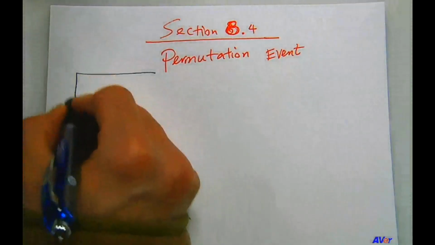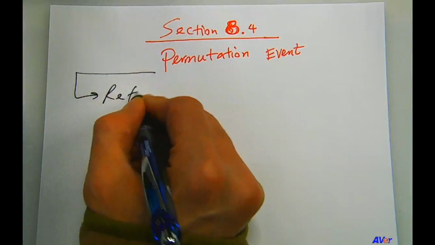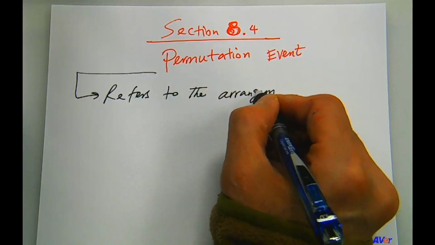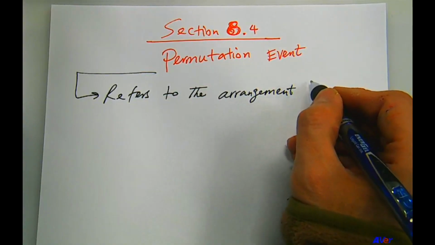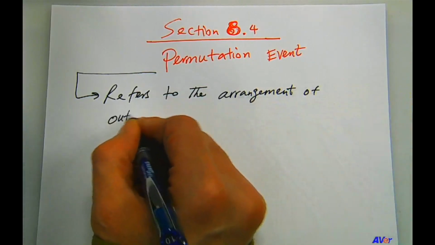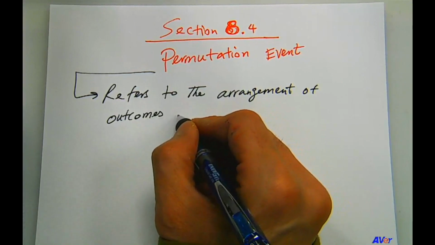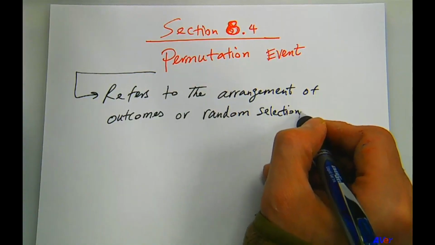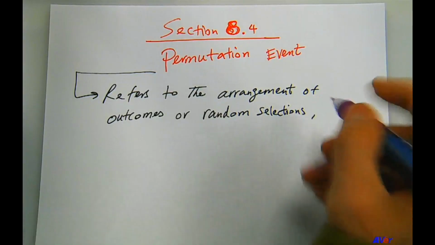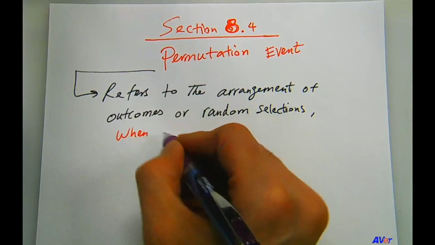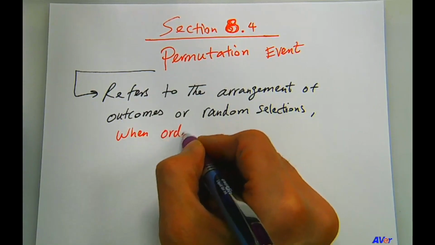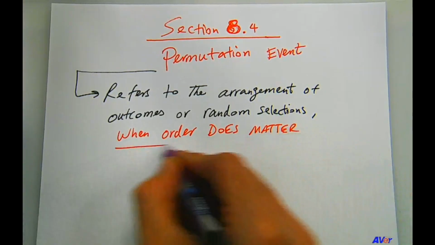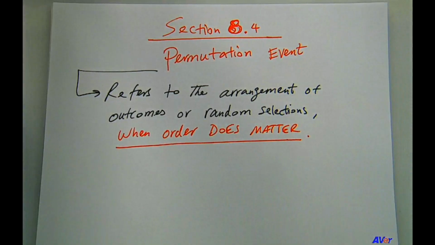The permutation event refers to when order does matter. This is the critical thing about permutation event.